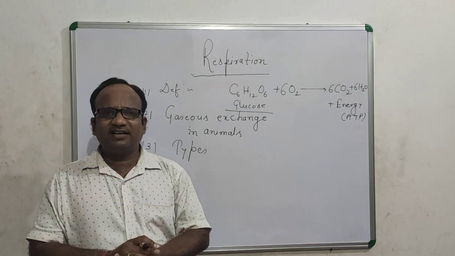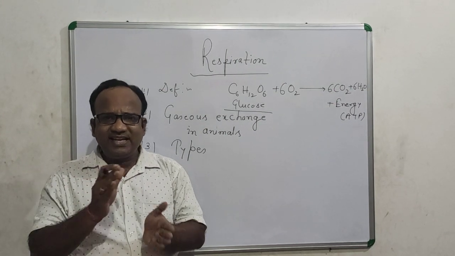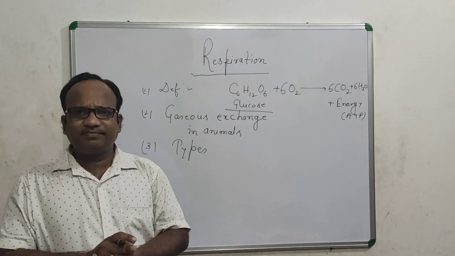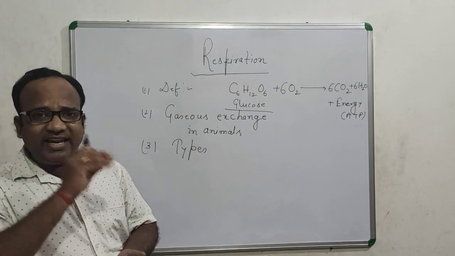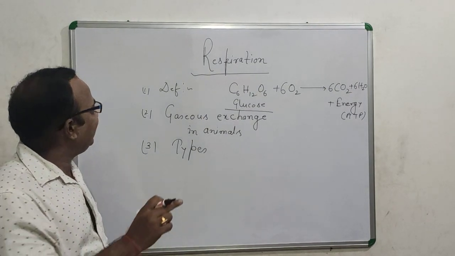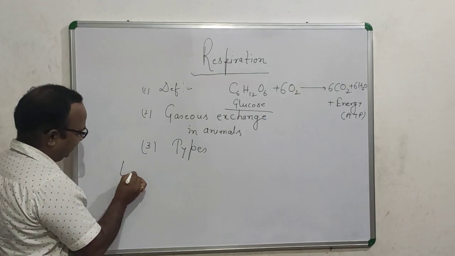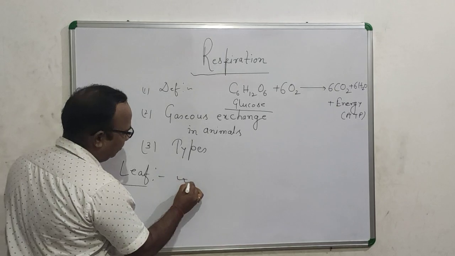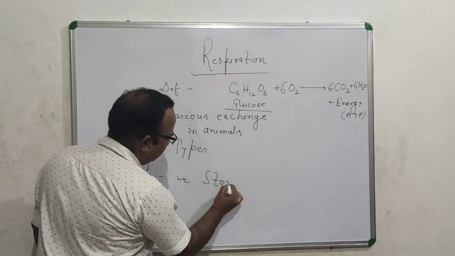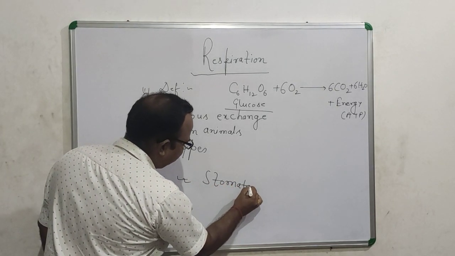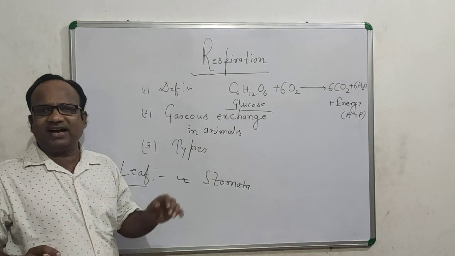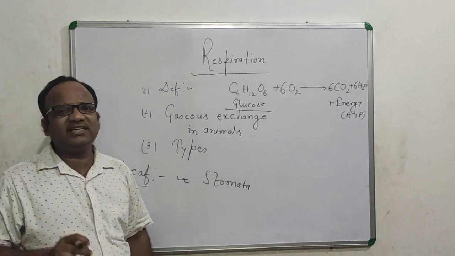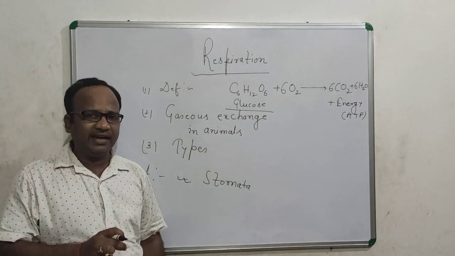In plants, the oxygen reaches the plant cells through openings that are present in leaves, and these teeny openings are called stomata. By these stomata, gaseous exchange takes place in plants.